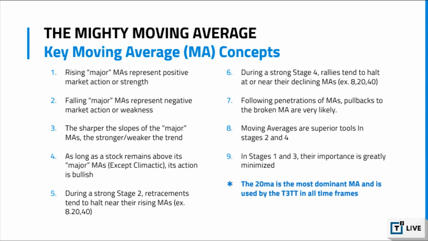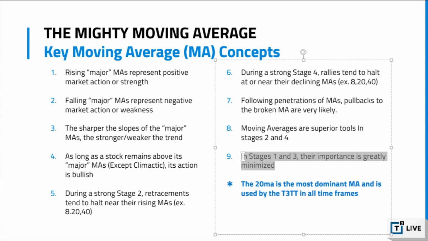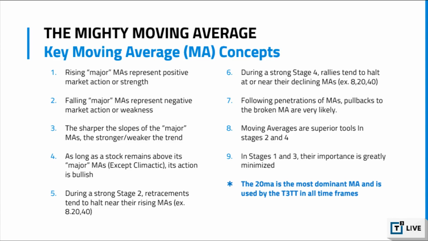Moving averages are superior tools in stages 2 and 4 when the stock is trending. In stages 1 and 3, when the stock is going sideways, their importance is greatly minimized. There's only one use for moving averages when the stock is in a sideways trend. The 20 MA is the most dominant and is used by all T3 trained traders in all time frames.